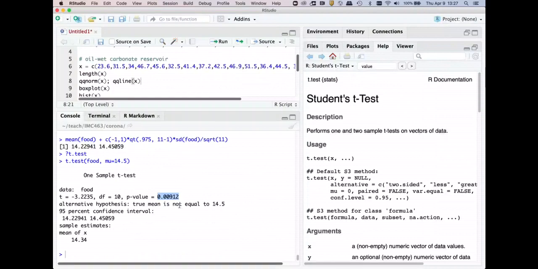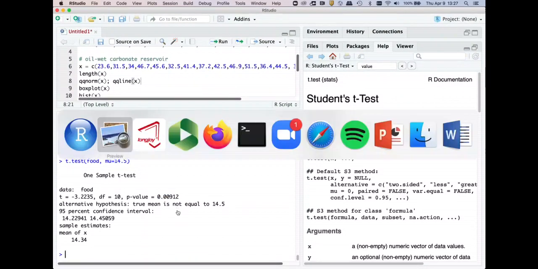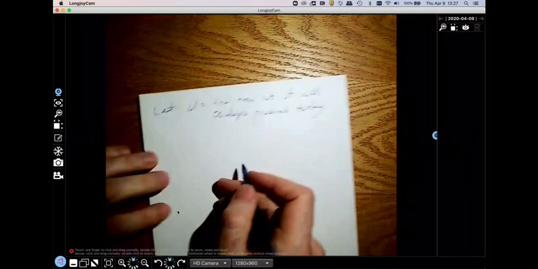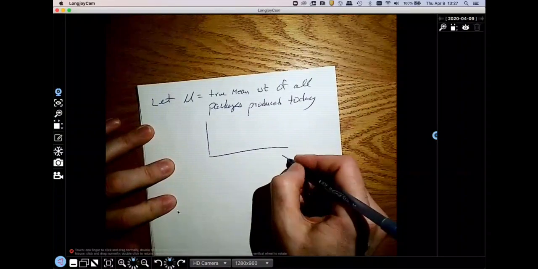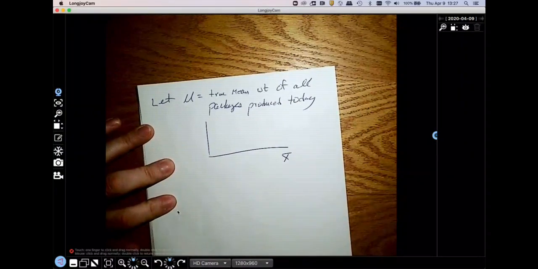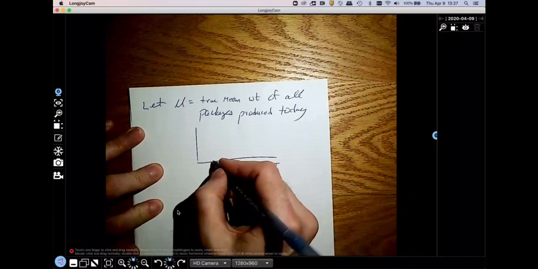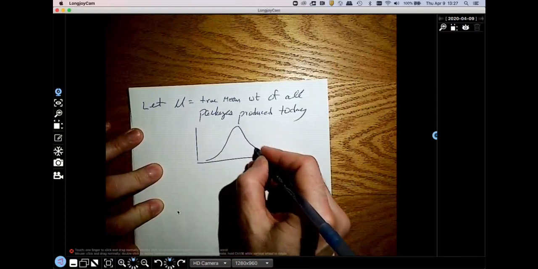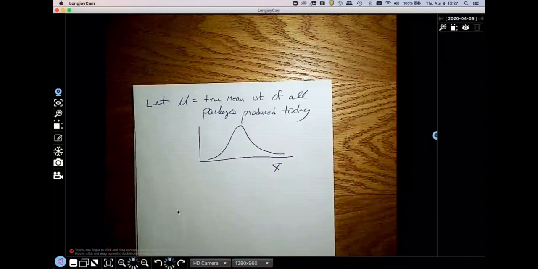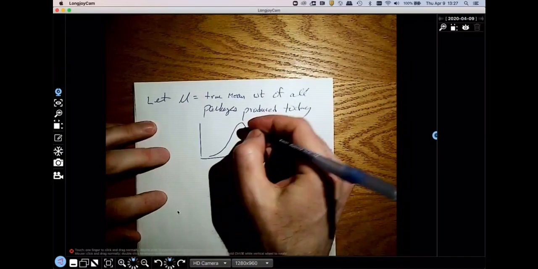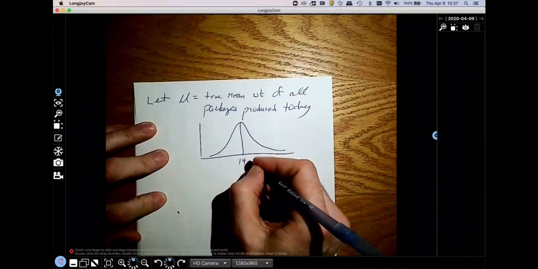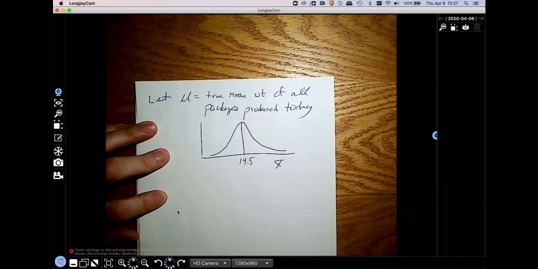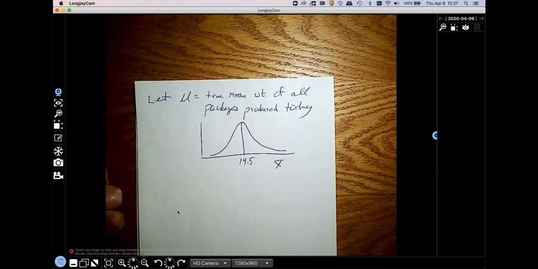I actually think there's some benefit to drawing a picture of what's happening here. So let's go over to the picture. This is the sampling distribution of X bar. And the first thing we always do when we test a hypothesis is we assume the null hypothesis is true. So under the null hypothesis, the mean of this distribution is 14.5.